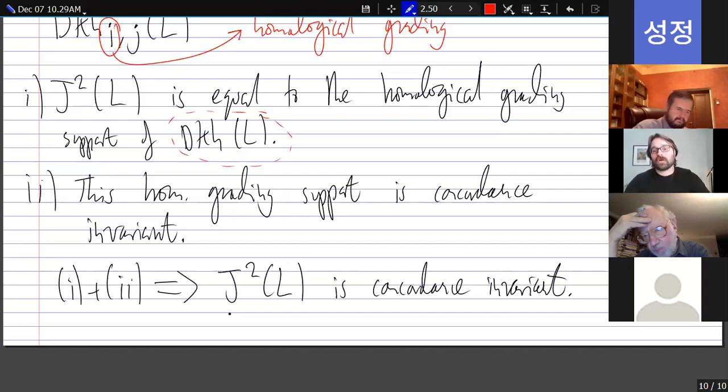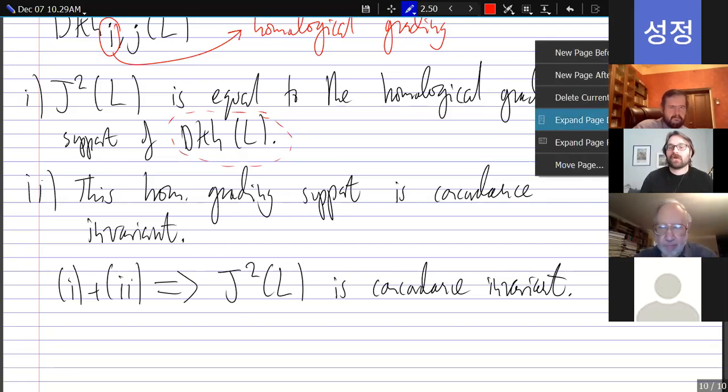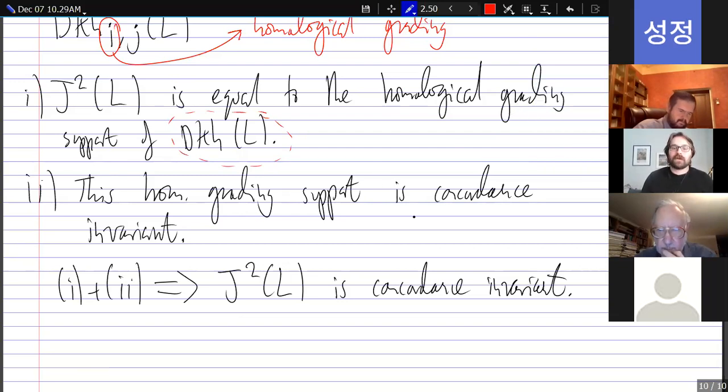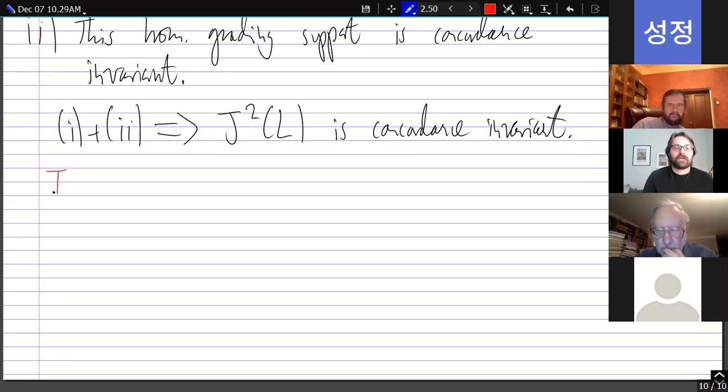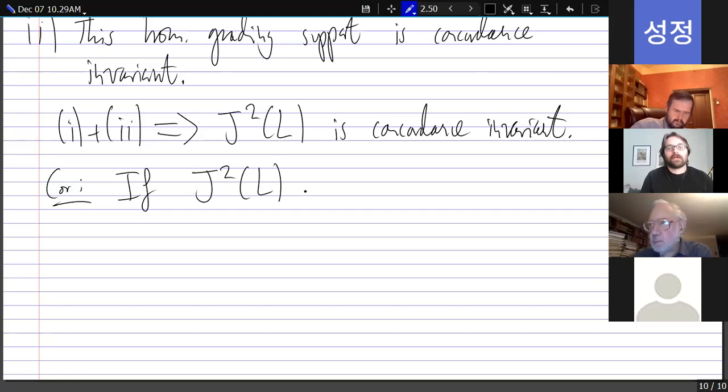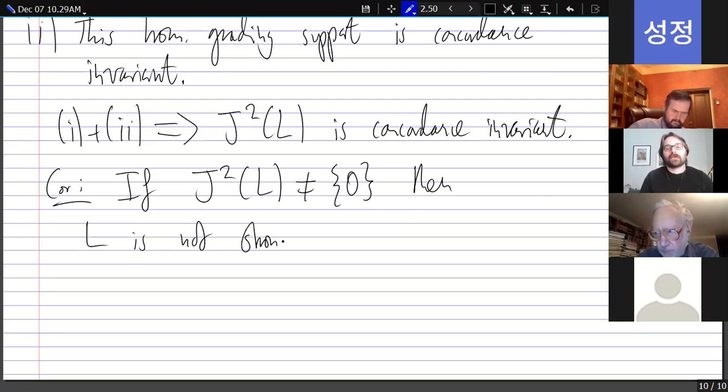And of course, this means you can also, so maybe I'll finish with this corollary, obstruct the sliceness of a link. So, corollary: if J of L is not equal to a set containing 0, then L is not strongly slice.